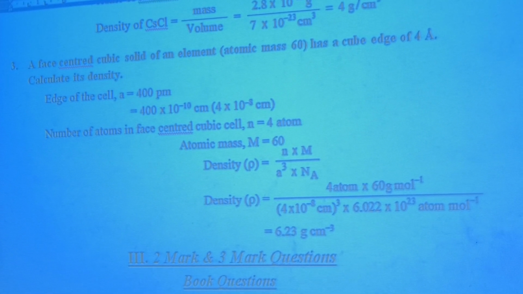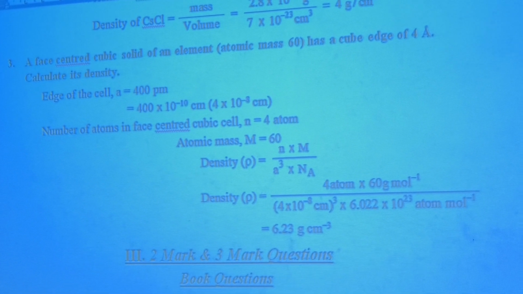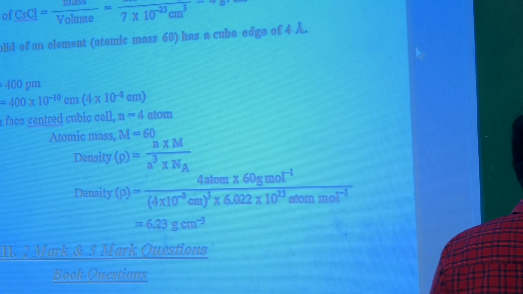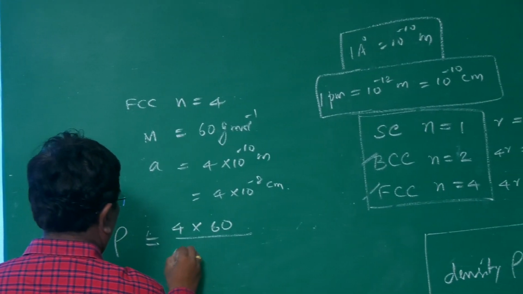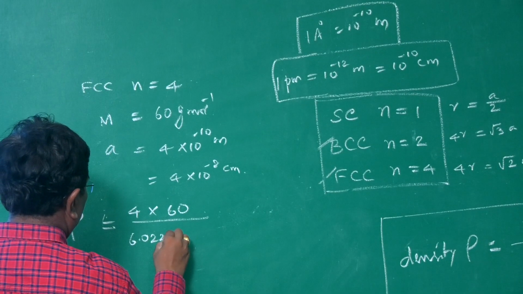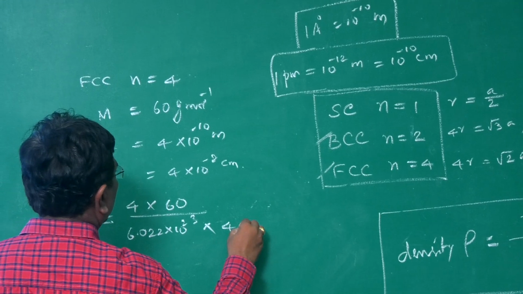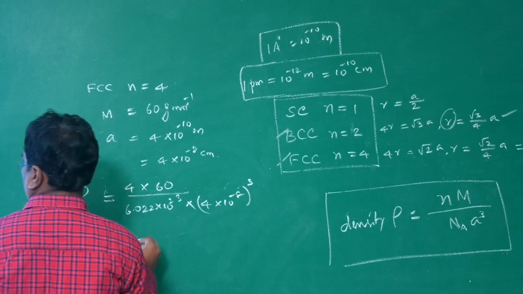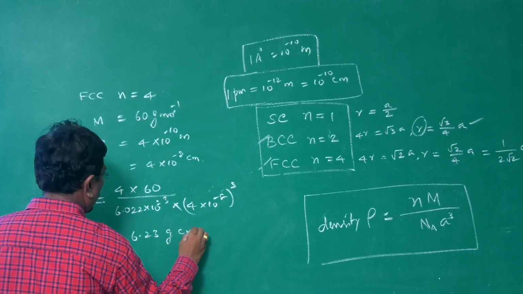To convert meter into centimeter, it has to be multiplied by 100. So density is equal to number of atoms 4, molar mass 60, Avogadro number 6.022 in 10 power 23 into A value 4 into 10 power minus 8 centimeter whole cube. The answer comes to 6.23 gram per centimeter cube.